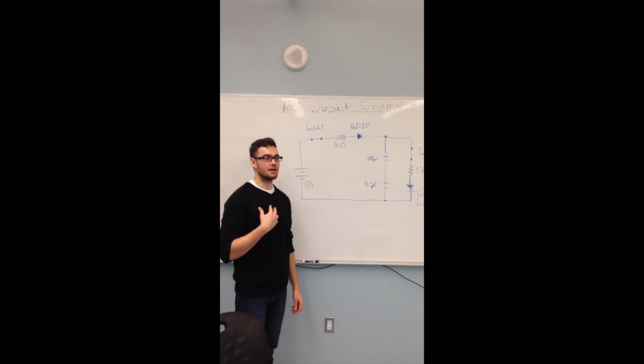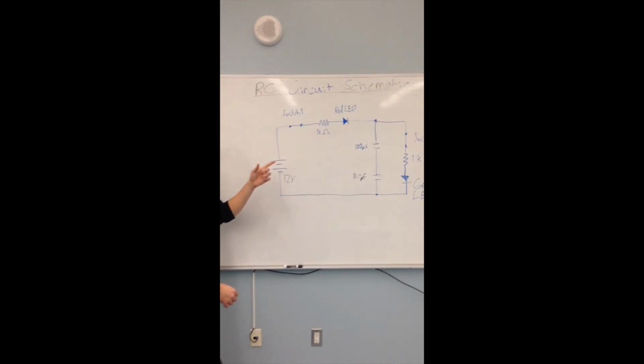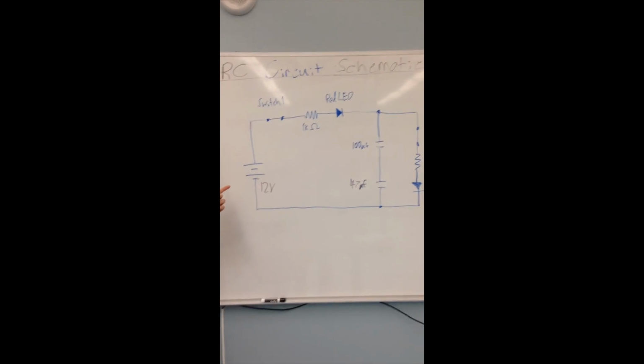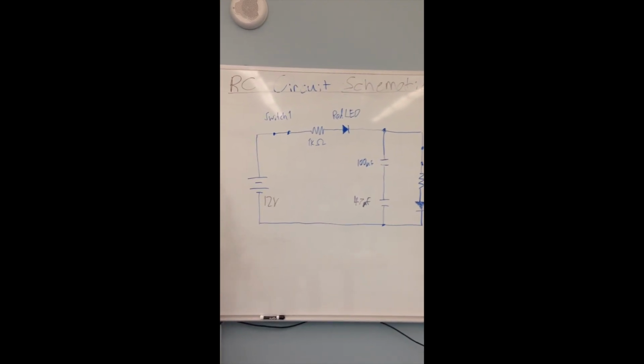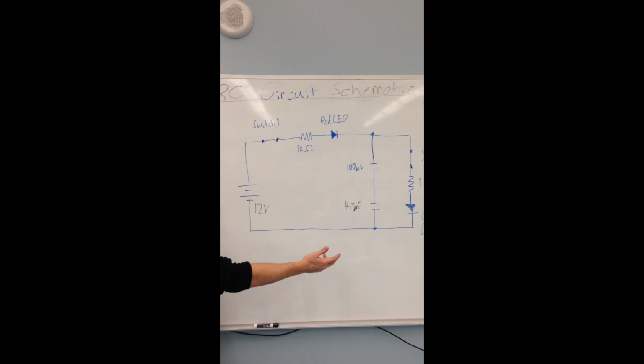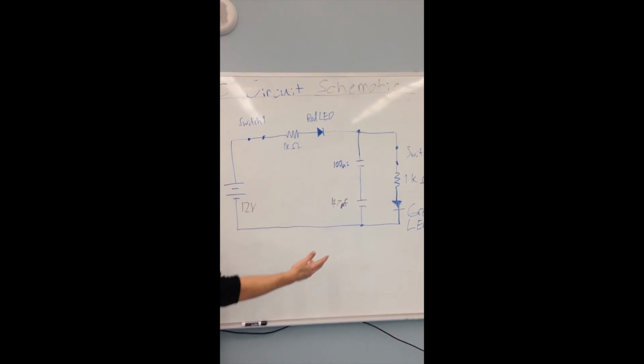My name is Bruce, and beside me is a schematic of the RC circuit we will be building in today's lab. As you can see, there are many different symbols on the schematic.